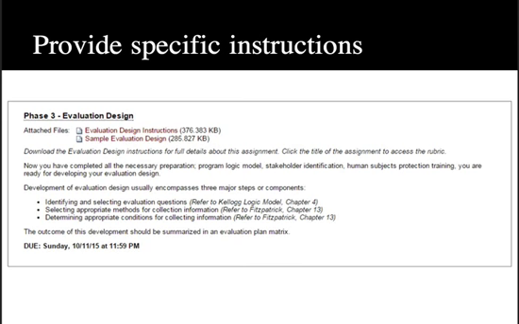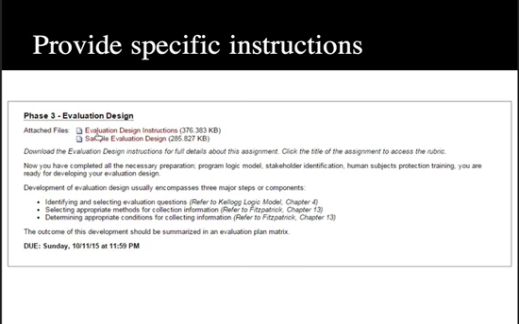So in this case, this is one assignment that you need to complete in my evaluation course. And here I've given them some specific instructions, just right in Blackboard in the description. In fact, I've even given them specific parts of the readings to refer to as they create each of these components.